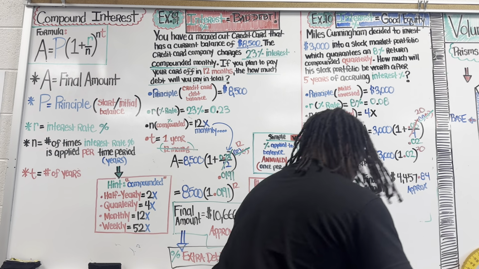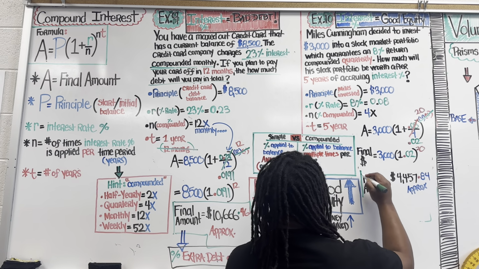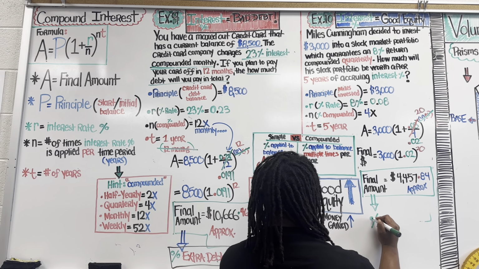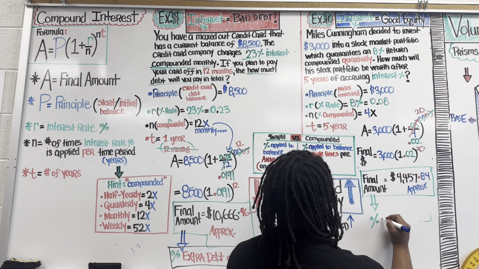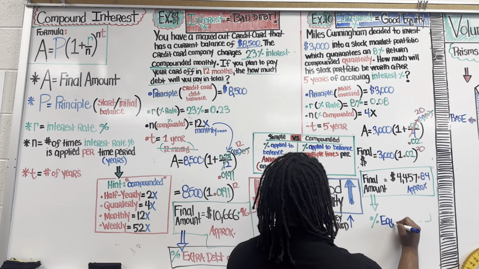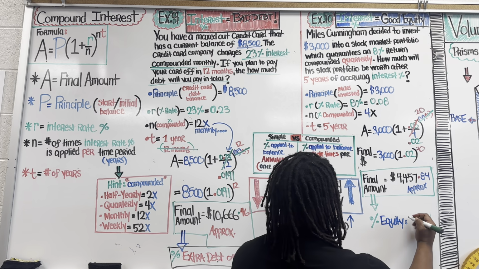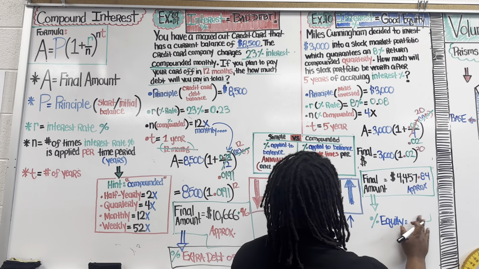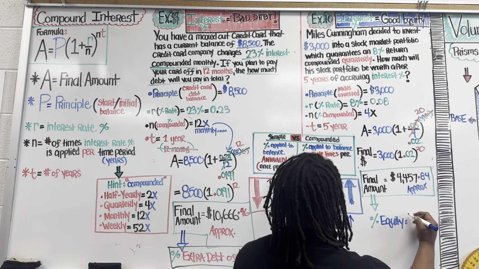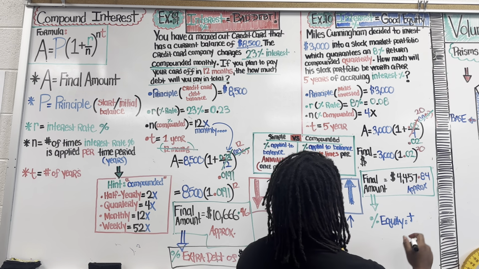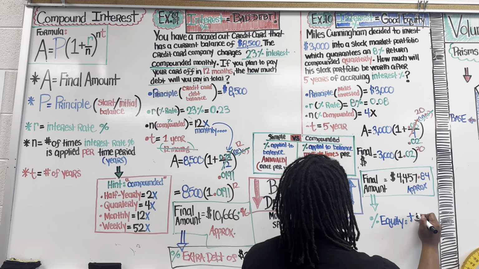So his account, due to the interest, that's equity, not debt. His account grew an additional $1,457 due to the interest.